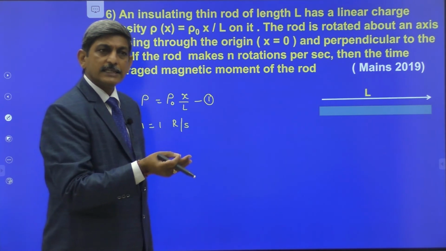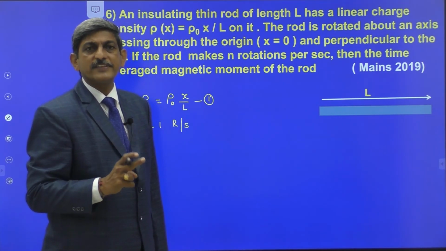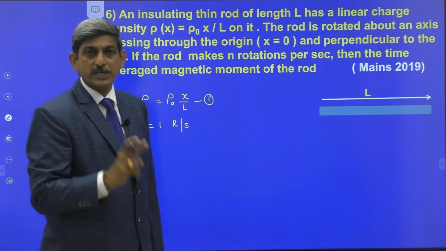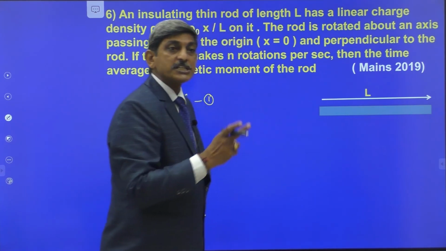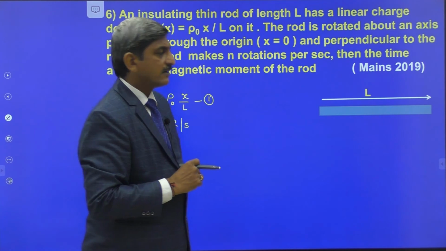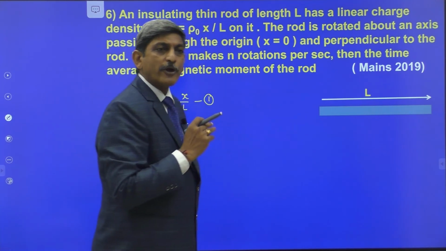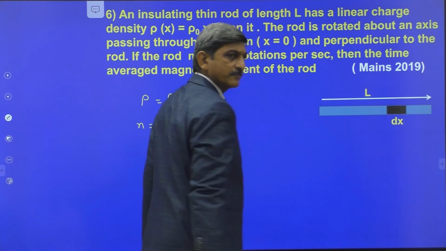Already in the previous problems, I explained the way of calculation of the dipole moment for the rotating charge, whereas here the problem involves the rotation of the rod carrying the charge. In this case, first of all, I am going to assume a small element of thickness dx.